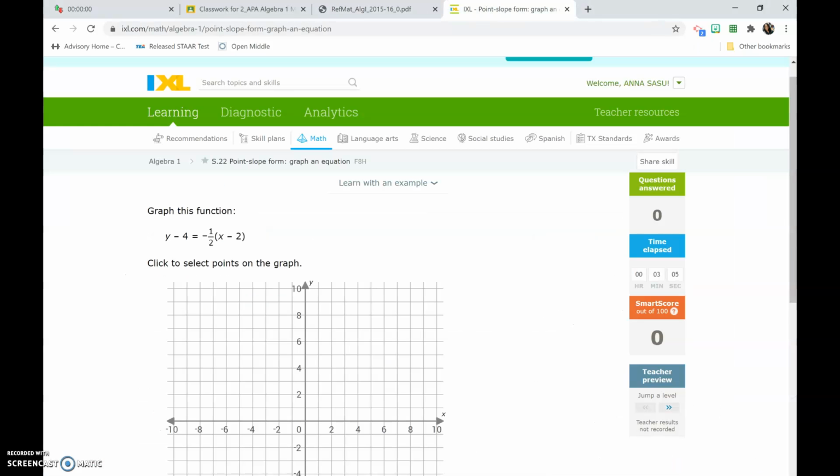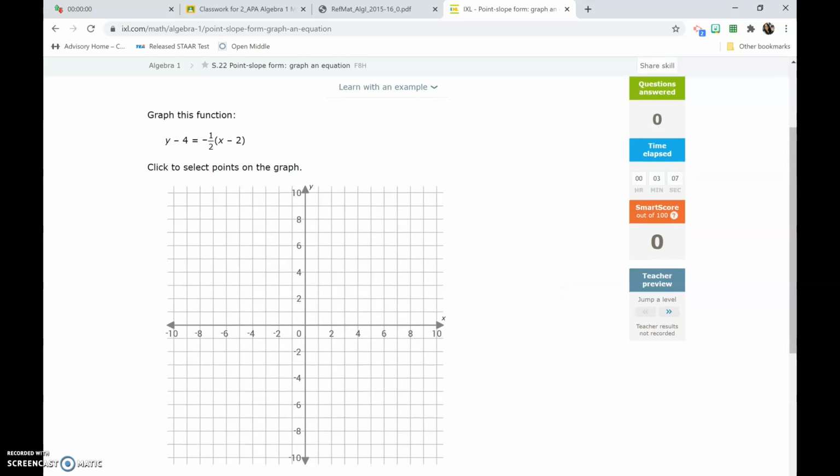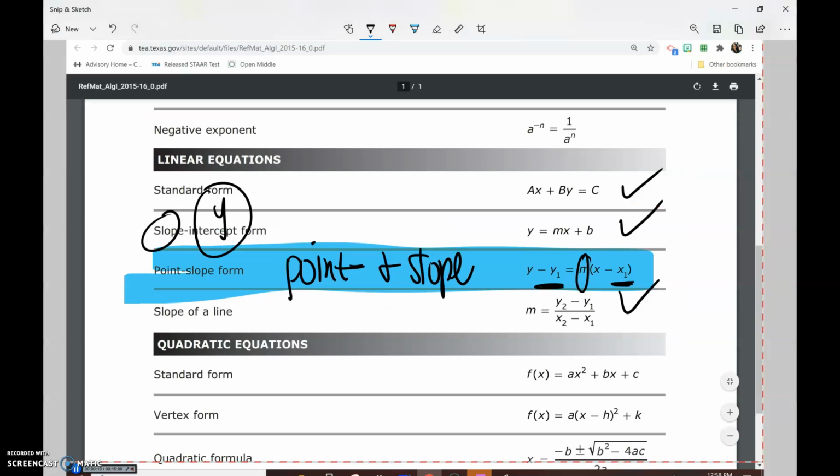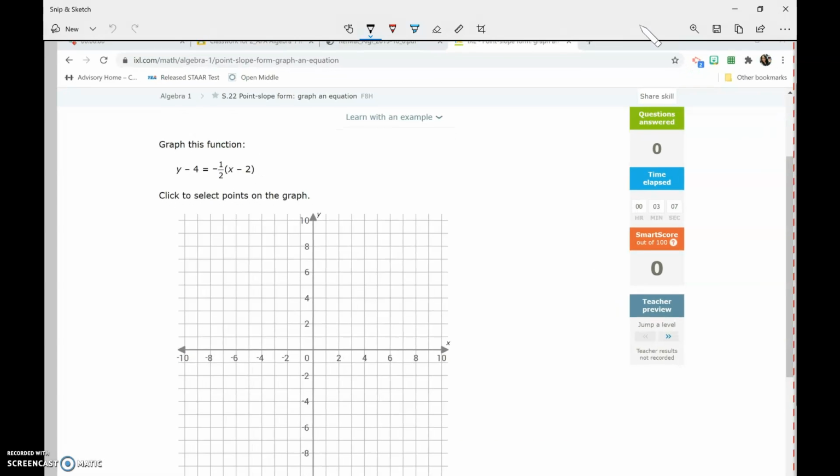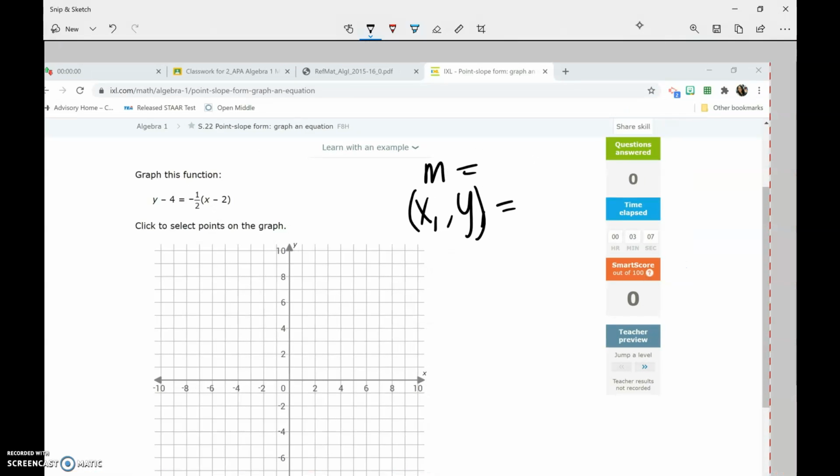I'm just going to use an example that's on IXL, which you guys hate so much. Like I said, I'm going to know my slope and a point. Then from here, I'm going to write out my formula so I know what to do.